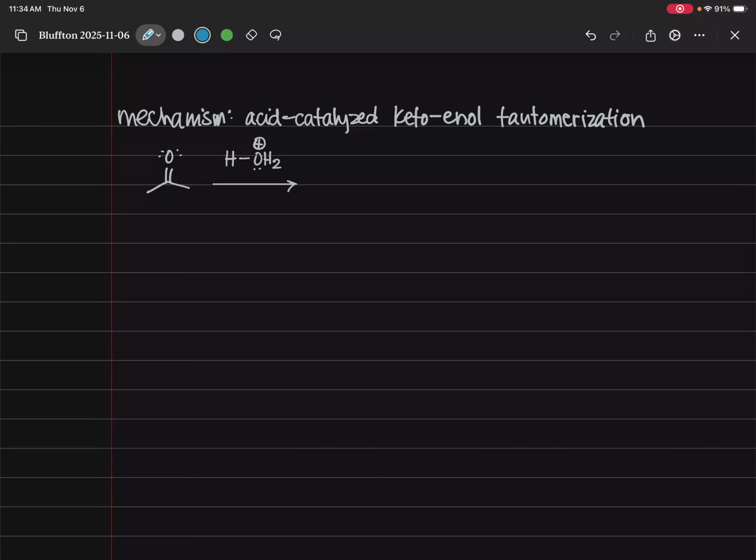And the first step we do is we're going to protonate the oxygen of the ketone.